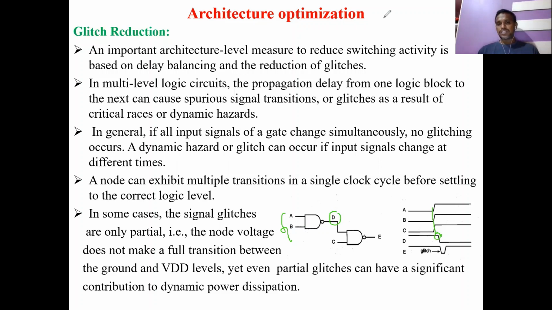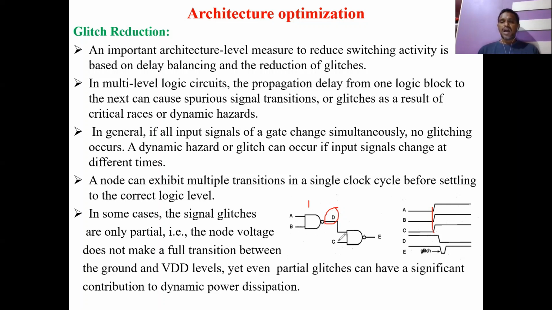So if you consider the inputs A, B and C, all three will reach this point at the same time. But what about D? D is the output of the first NAND gate, so to produce this output D, gate 1 will take some time.